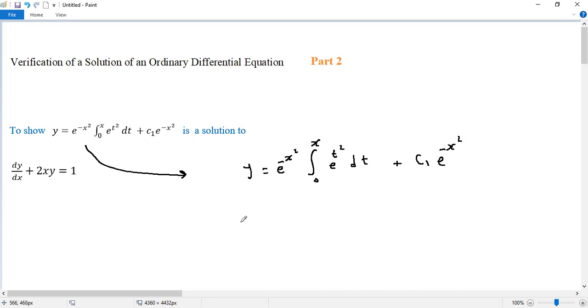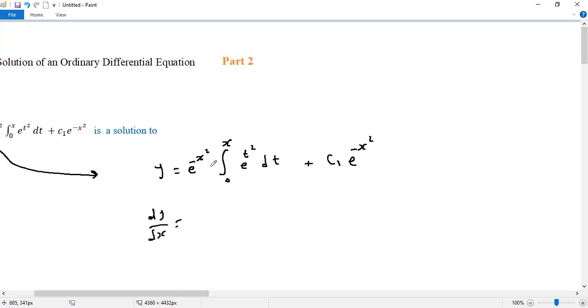So dy/dx, the derivative y prime, here we have a product of e to the minus x squared times the integral function of x. The product rule: if we have u times v, the derivative of the product equals the first times the derivative of the second, plus the second times the derivative of the first.